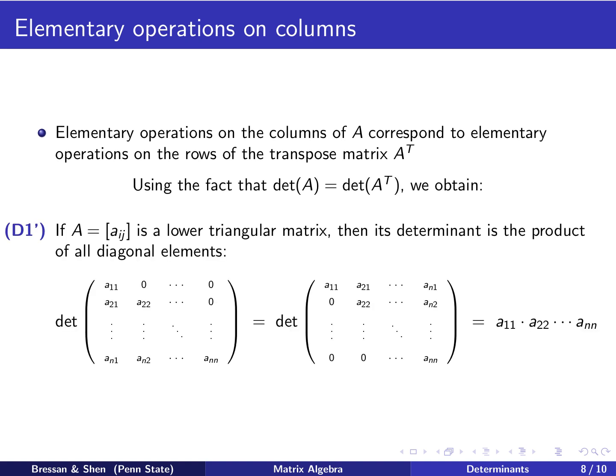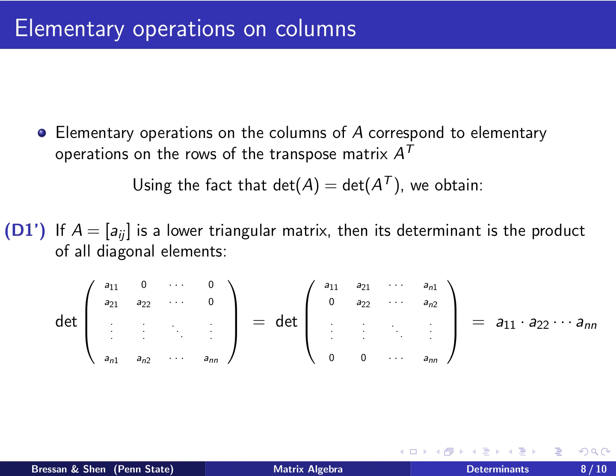Then also recall the property that the determinant of A equals the determinant of A transpose. Then we can translate all these properties that we have discussed and state them for operations on the columns.